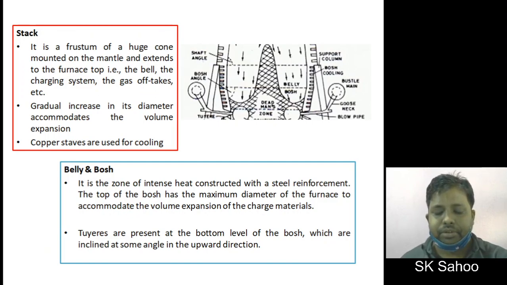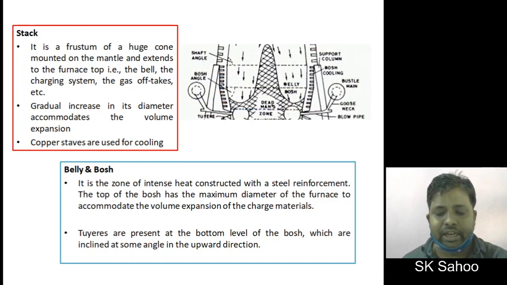After the throat, there is the stack or the shaft, where most of the reduction takes place due to gas-solid interaction. A proper permeable bed must be maintained for effective reduction. The stack is not cylindrical. It is a frustum of a huge cone mounted on the mantle, and it extends to the top of the furnace.